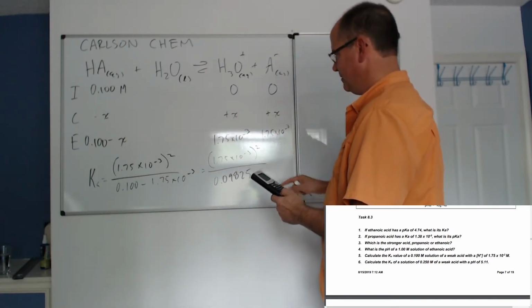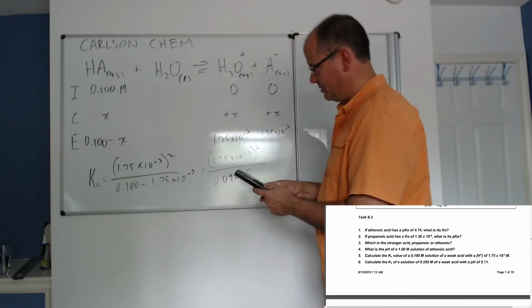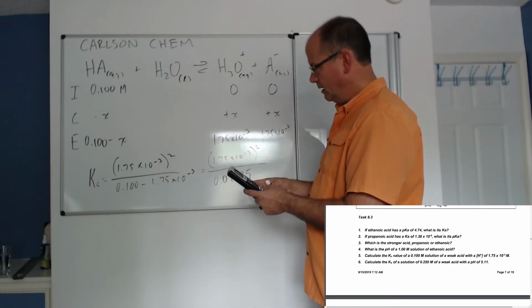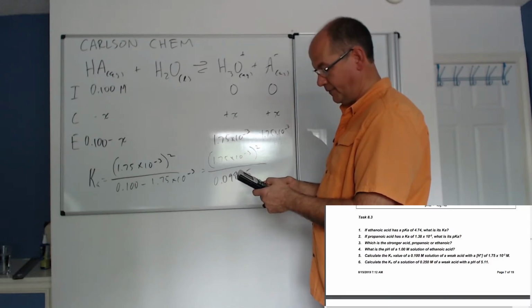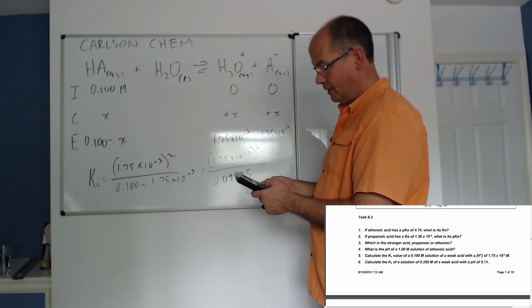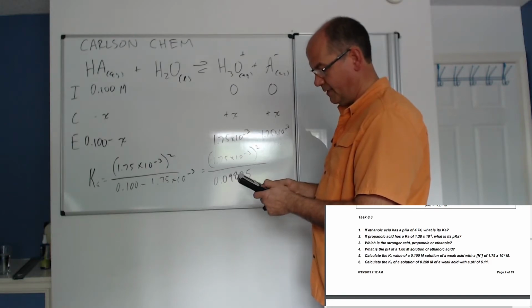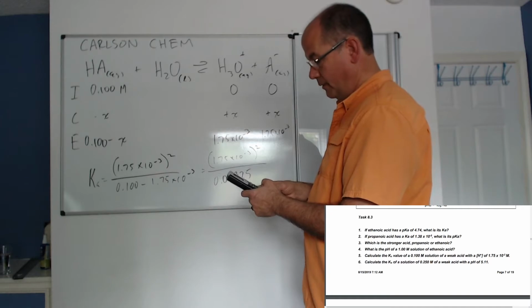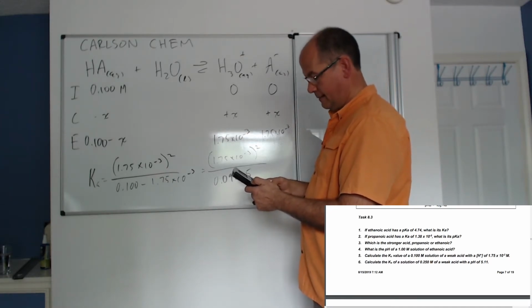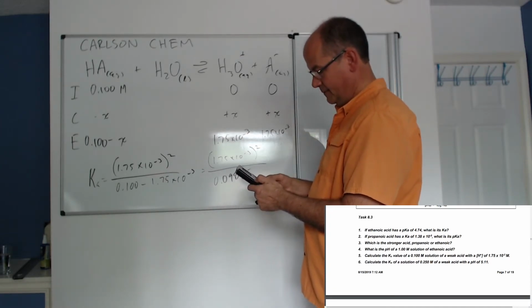Which is less, so let's do 1.75 E negative 3 divided by 0.1 times 100.